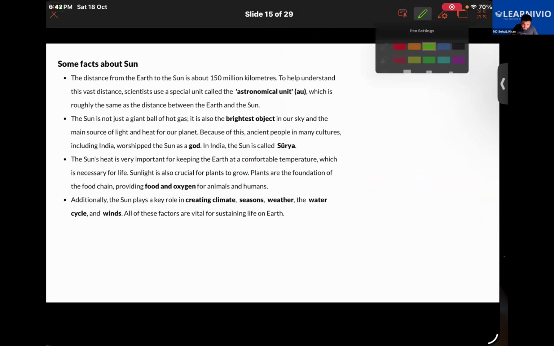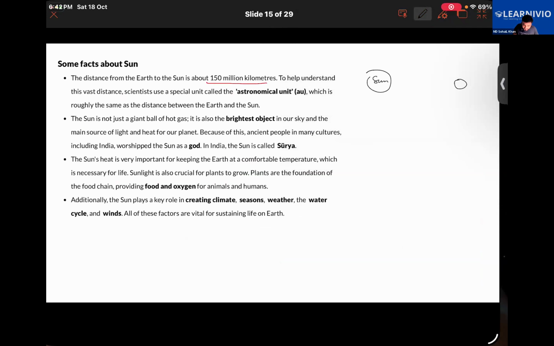Okay. Then there are so many other interesting facts. The distance from the Earth to Sun is roughly 150 million kilometers. The distance between the Sun and that of Earth is how much? 150 million kilometers. Make sure you memorize these numbers. These are really important. Okay, now 150 million kilometers, right?